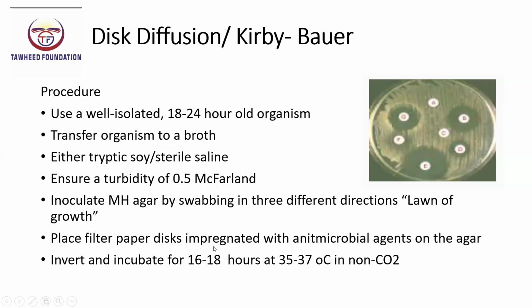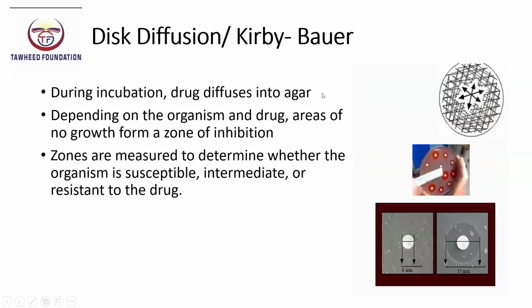Place filter paper discs impregnated with antimicrobial agents on the agar plate, invert and incubate for 16 to 18 hours at 35 to 37 degrees Celsius in non-carbon dioxide. During incubation, the drug diffuses into the agar, and depending on the organism and drug, areas of no growth form a zone of inhibition. As you can see in this picture, zones are measured to determine whether the organism is susceptible, intermediate, or resistant to the drug.